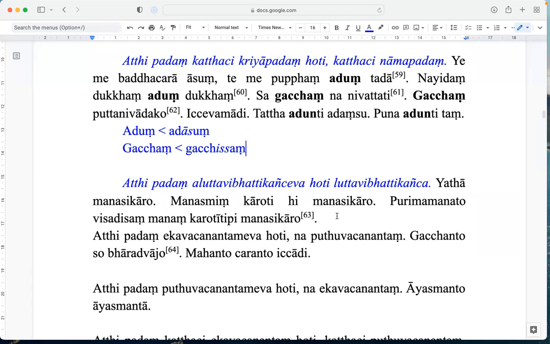When there is no eva, it is just ca, and then it means and. But with eva, ca means either or.